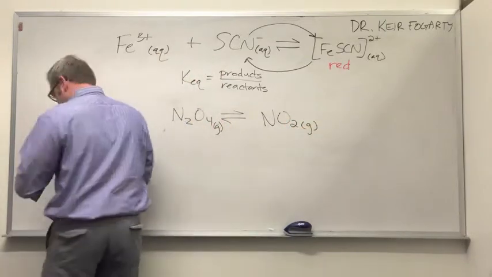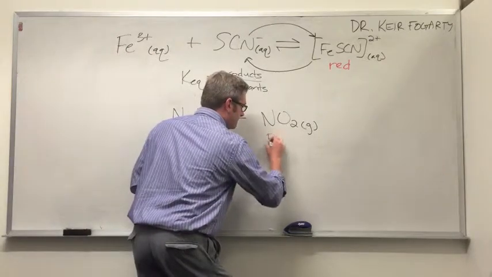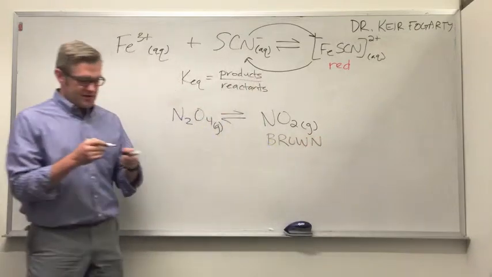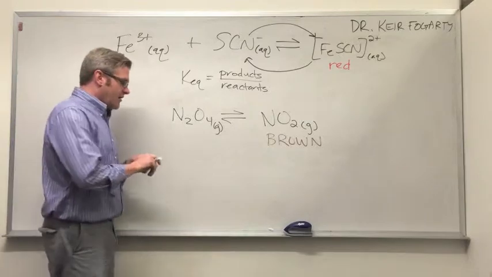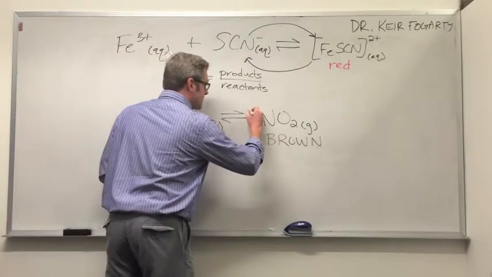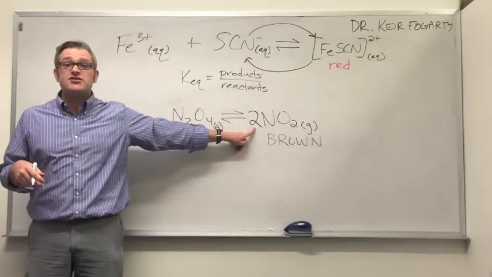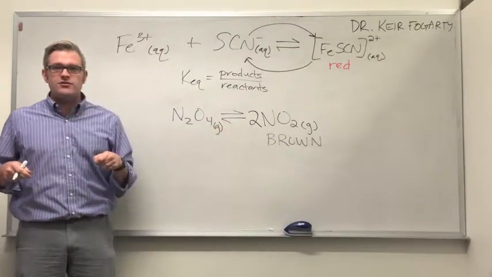And nitrogen dioxide is what makes pollution brown. It is a brown gas, okay? So how do we make our equilibrium expression for this reaction, especially considering we have a stoichiometric number right there, a 2 in front of our NO2, okay?